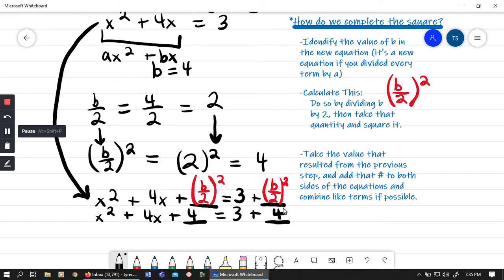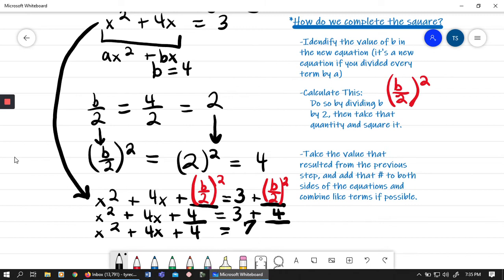You don't want to combine anything that is not on the same side of the equation. So 3 plus 4 on the right side is 7. Then we just rewrite this, x squared plus 4x plus 4.